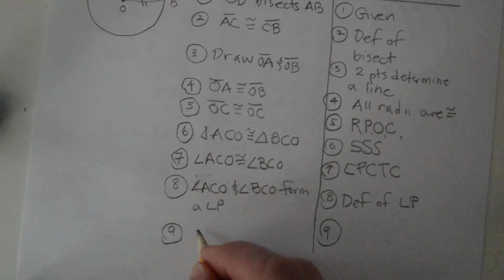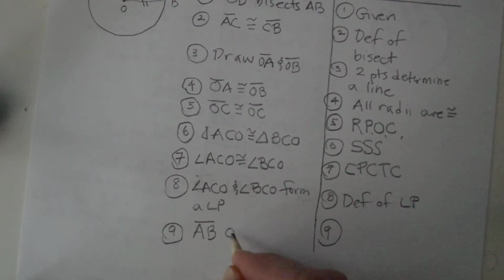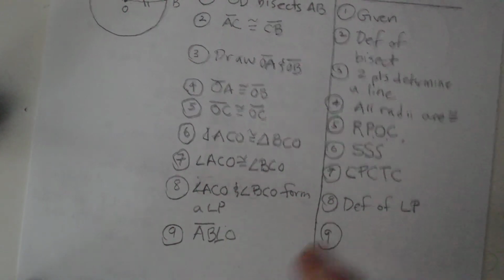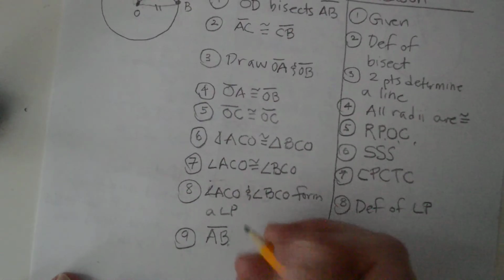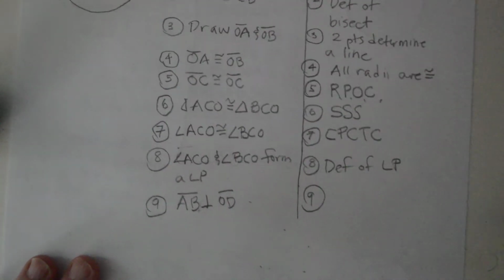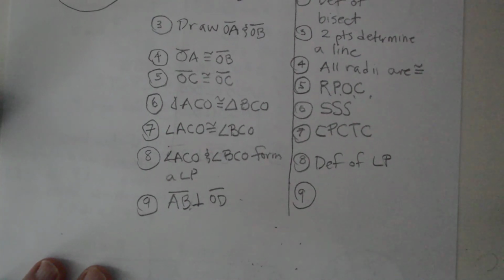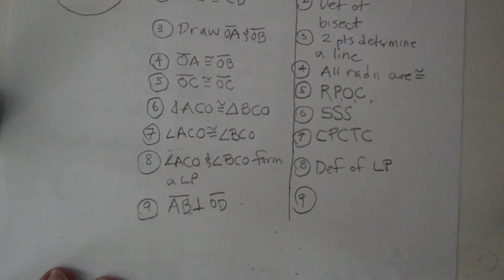All right, now that we know that they're a linear pair, now we can use this, where we just automatically say AB and OD are perpendicular. Let me write that a little bit better. All right, the reason, and again, this is one that we don't use that often, it says if two lines intersect and form a linear pair of congruent angles, then the lines are perpendicular. This is going to take me a while to write.